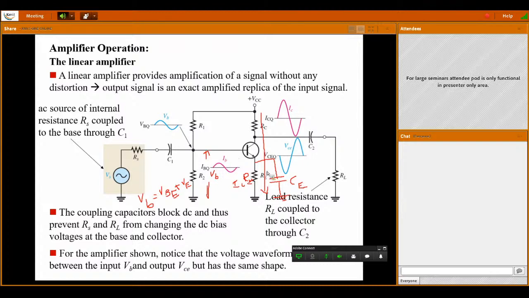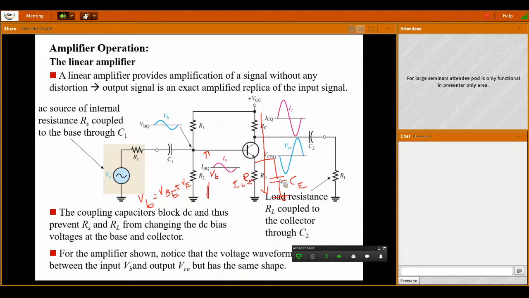In order to avoid that, we have to connect one capacitor. This capacitor can bypass the AC collector current. Because for the applied AC, if an AC collector current is flowing, then this capacitor is acting like a short circuit.